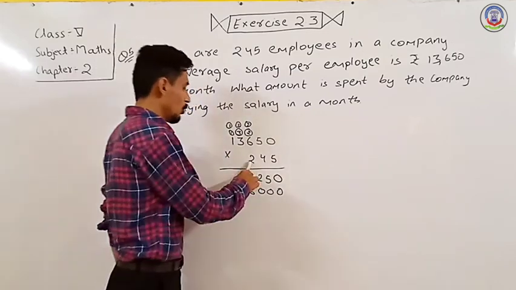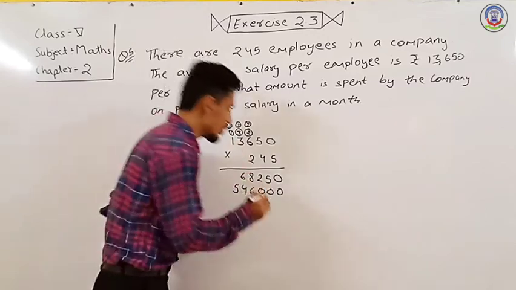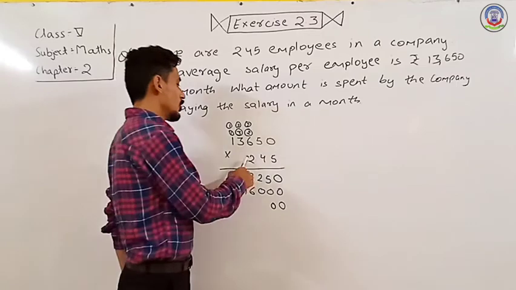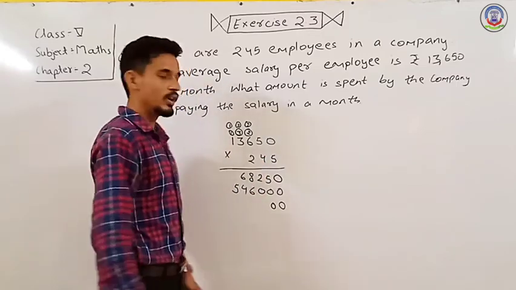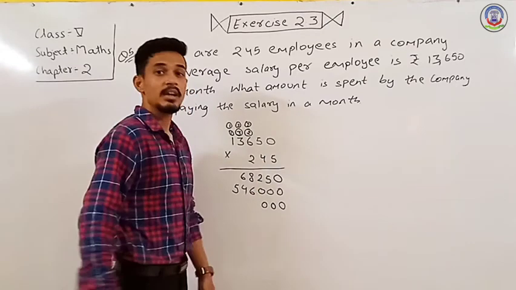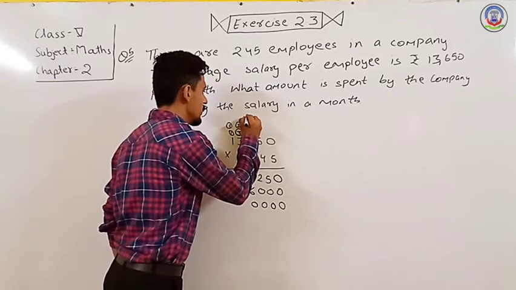Next we have 2, and 2 is in hundreds place. So we put 2 zeros. Next starting 2 multiply 0. It is 0. 2 multiply 5, it is 10. So we write 0 here and 1 goes to carry.